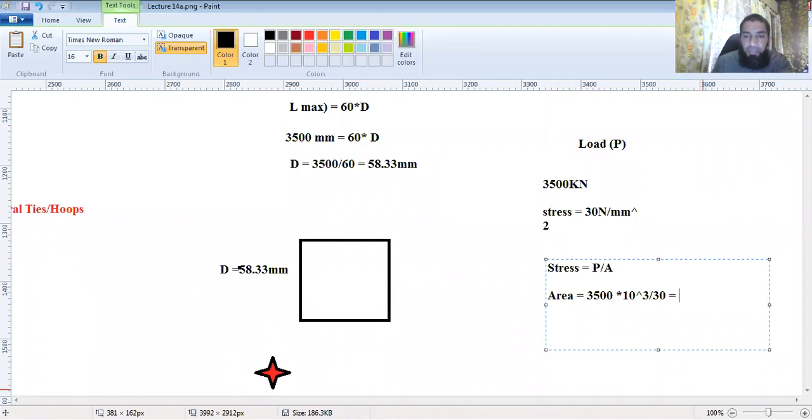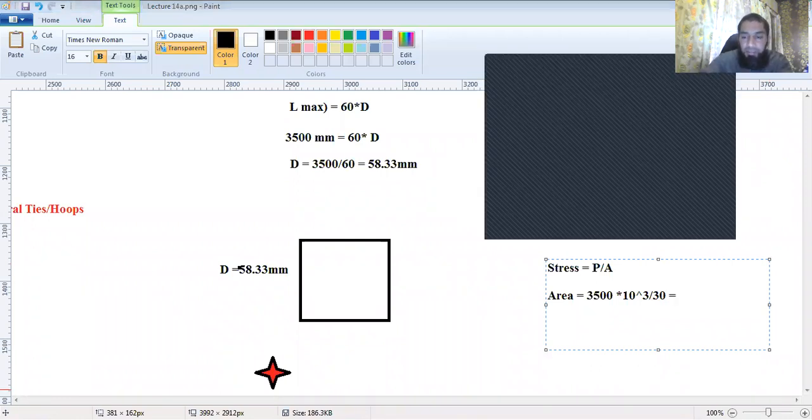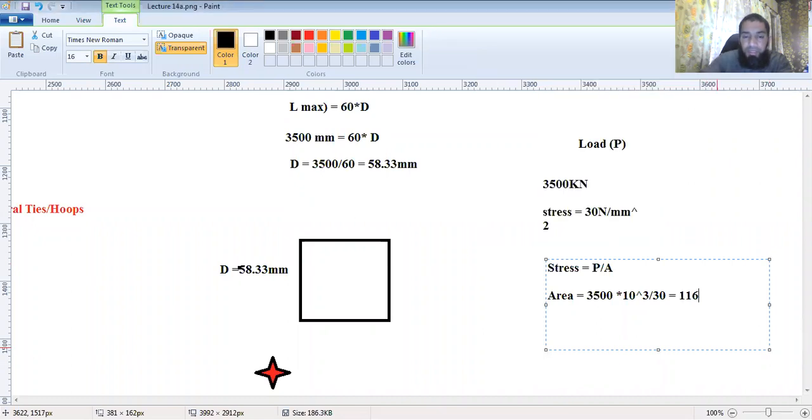From here you would get 116666 mm square.